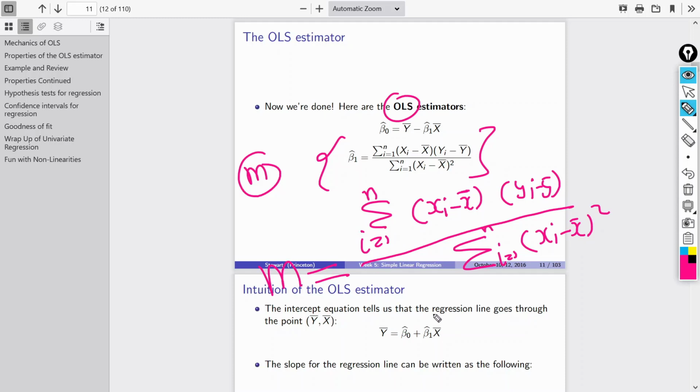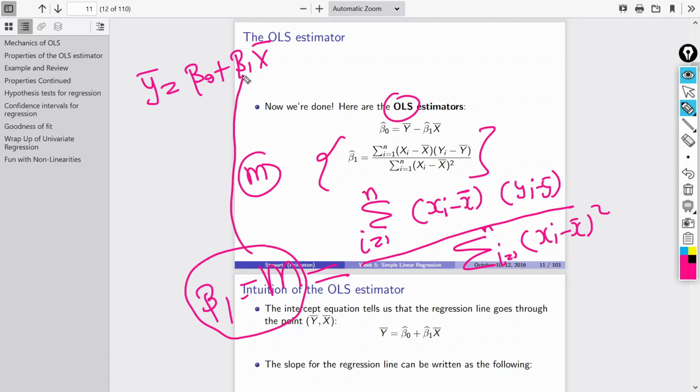And what would be the value of b? We can say y bar is equal to beta naught plus beta 1 x bar, where beta 1 is what we just calculated. We fit this value in this equation, so our beta naught would be y bar minus beta 1 x bar.